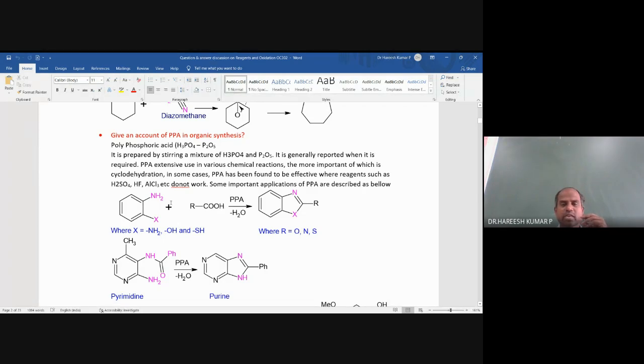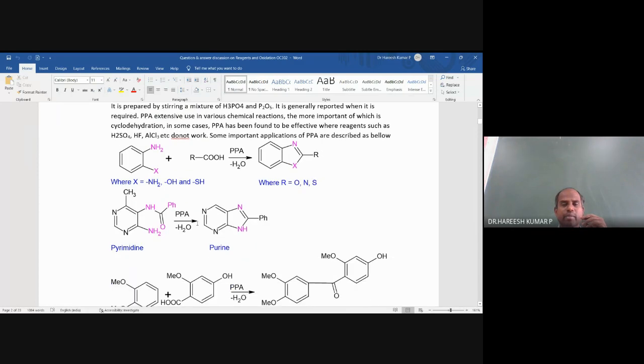So this is a general example, and here I am taking a specific example when X is equal to NH2. In this case also, what you can observe, PPA will act as a dehydrating agent. It will remove H2 and O. There will be a new carbon-nitrogen double bond between the nitrogen and this carbon. So that is how the purine is obtained.